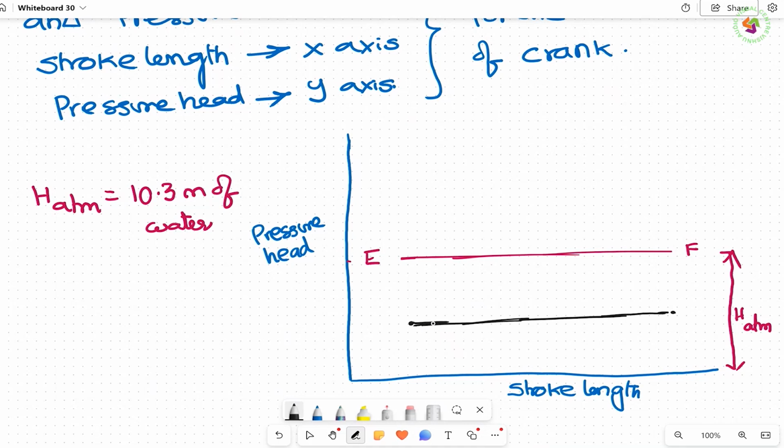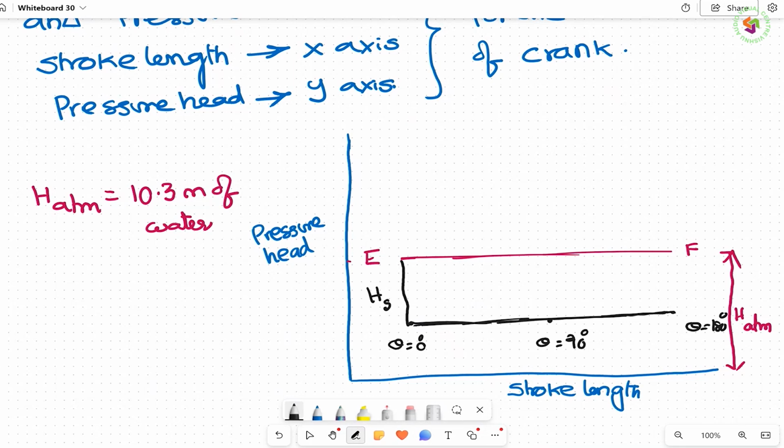Whatever the angle during the entire suction stroke, this head is what we call the suction head.